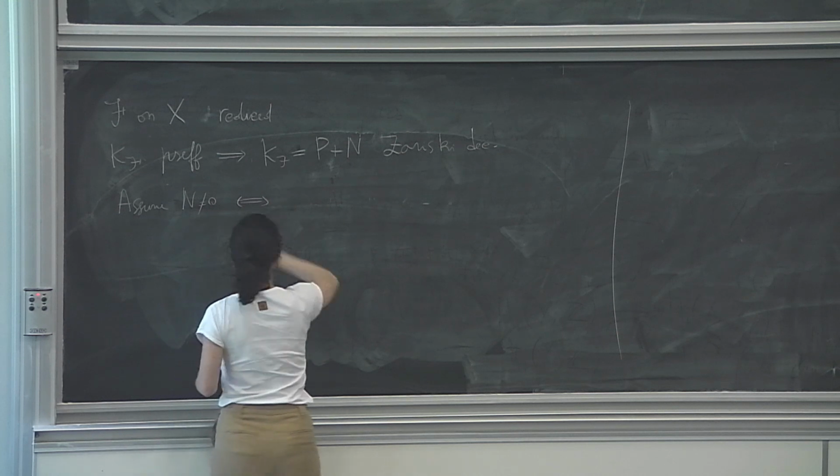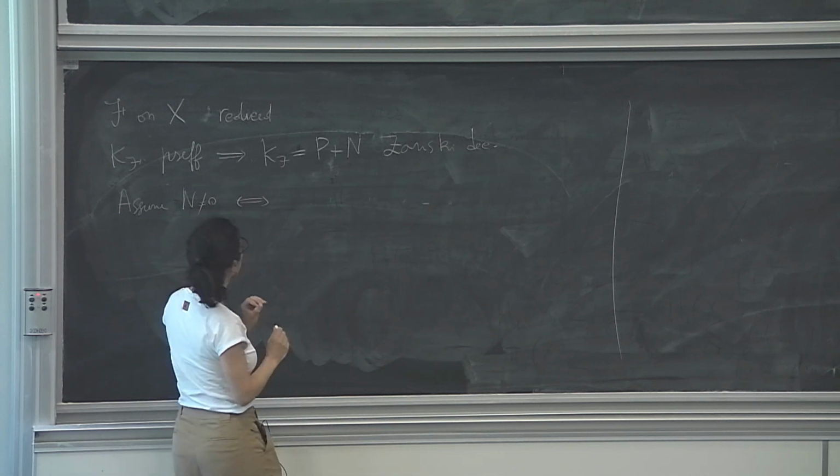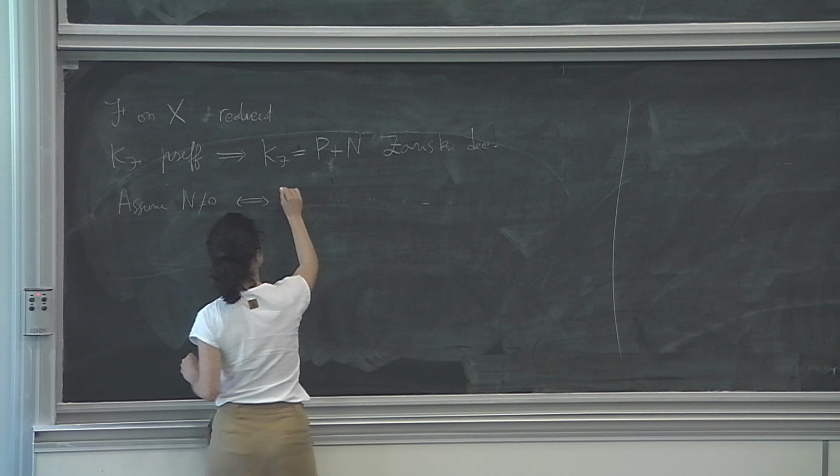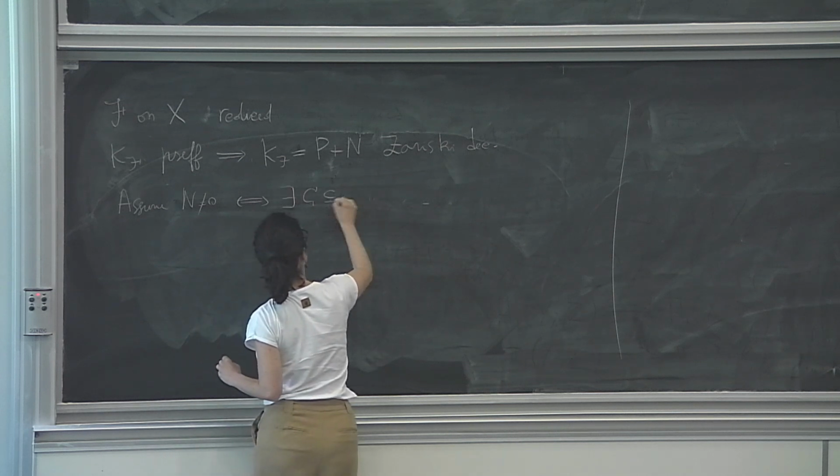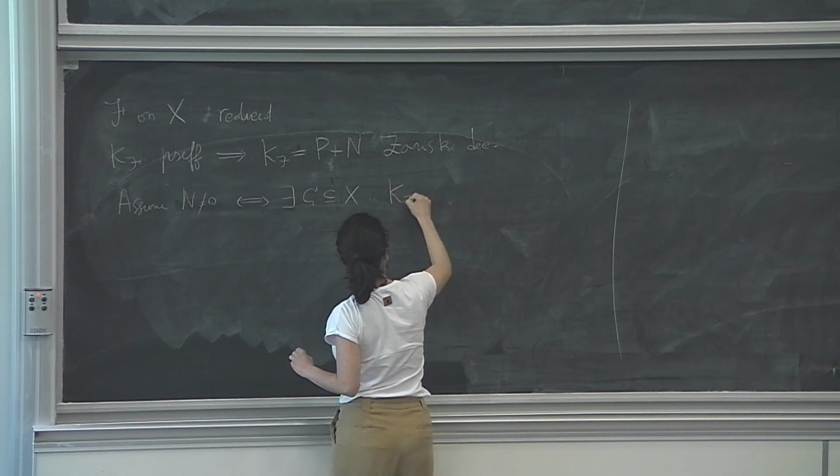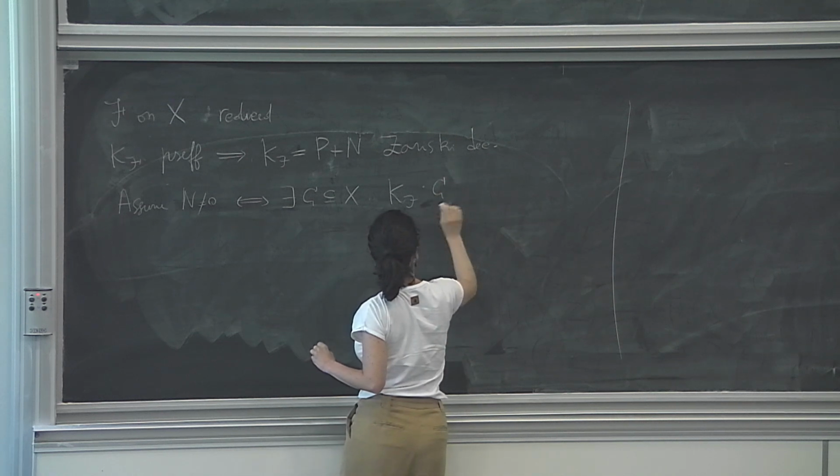That is, we assume that K_F is non-nef. So there is C in X such that K_F.C is negative.